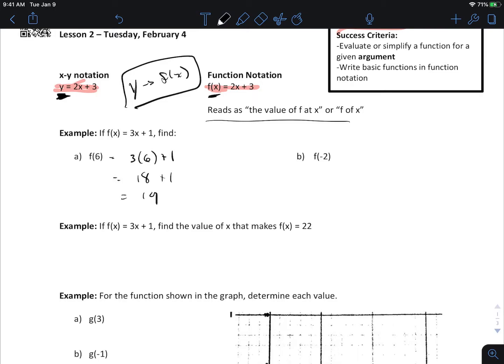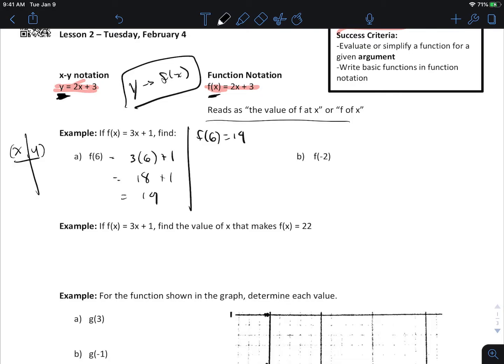Instead of writing a table of values for x and y, which can get tedious and annoying, especially when I don't care about some of them, what's nice about function notation is you can go like this: f at 6 is equal to 19.